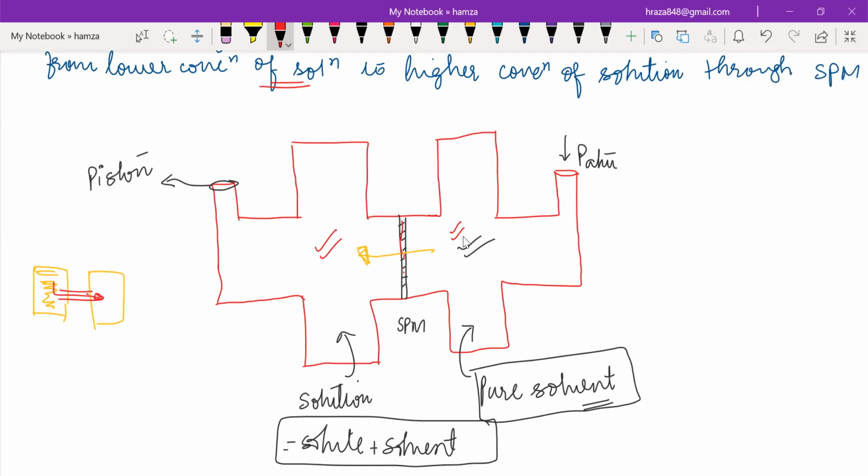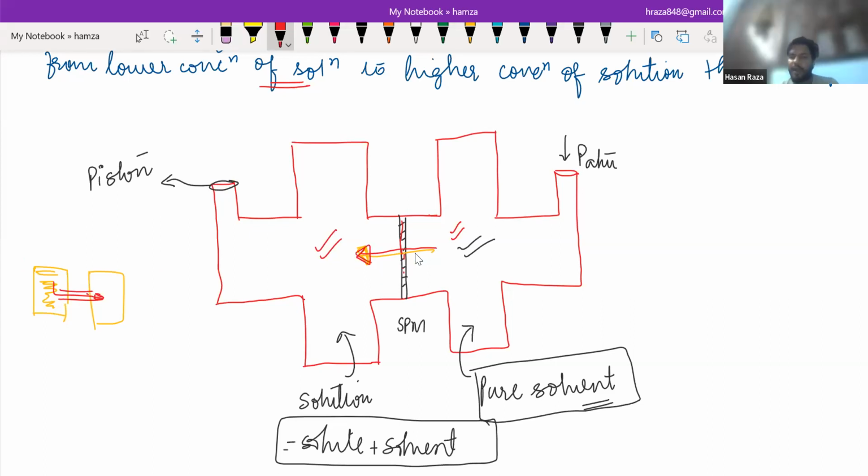You are not audible. Is this understood? Yes, sir. Now see, the flow of water molecules or pure solvent is from right to left. Okay, and what is osmotic pressure? The flow will take place from right to left, and here is the piston where you can adjust the pressure, or you can call it where you can adjust the flow of solvent from right to left.